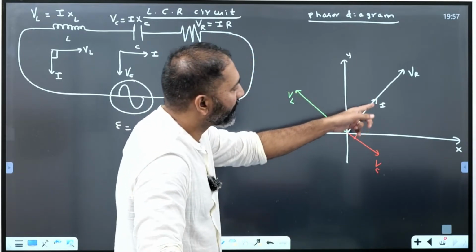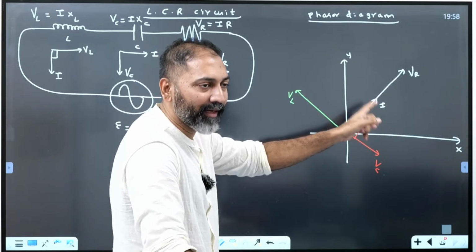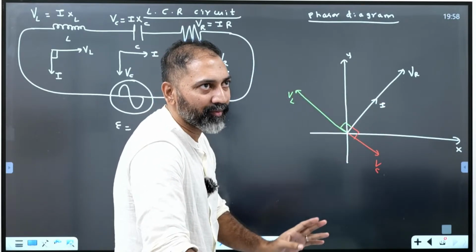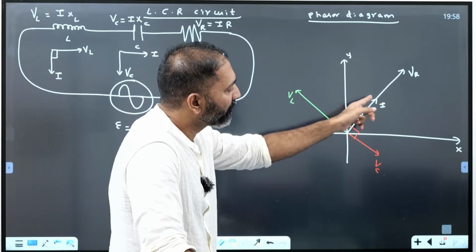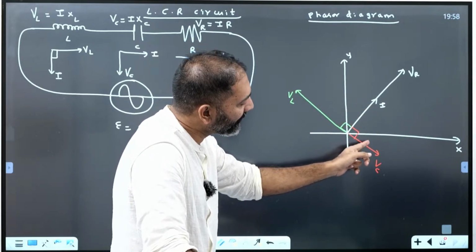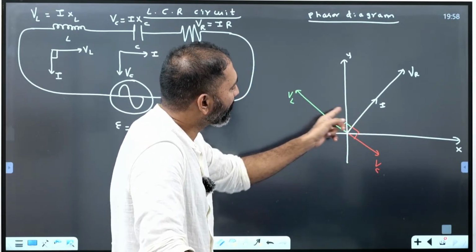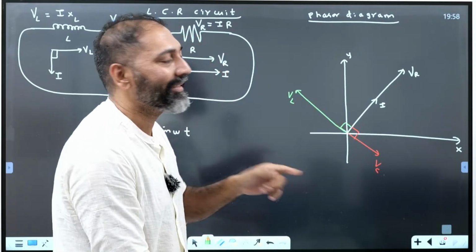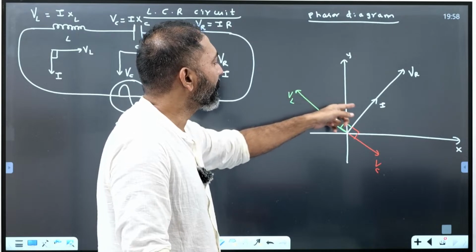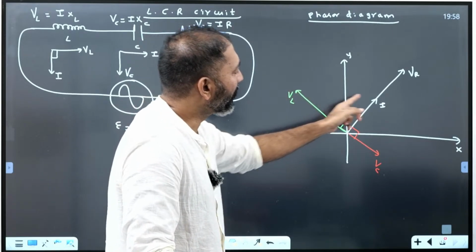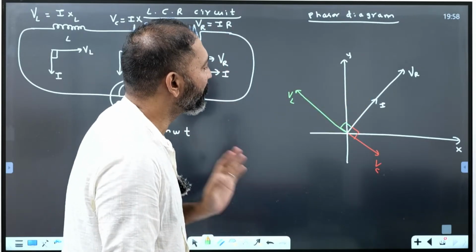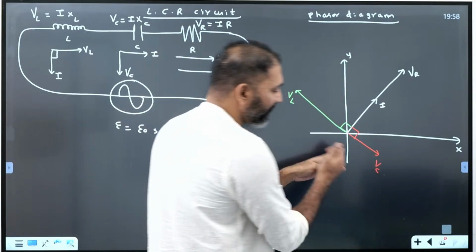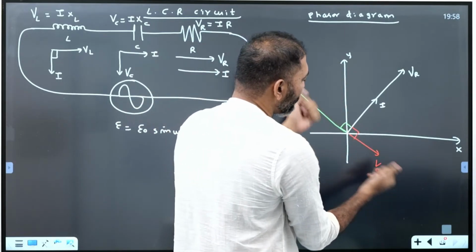See, I am taking current as the base case scenario. Why? Because it is a series LCR circuit, so current will be same. So voltage across capacitor is 90 degree behind this current. Voltage across inductor is 90 degree ahead of current, because in an inductor voltage leads ahead of current by 90 degree, or current lags behind EMF by 90 degree.